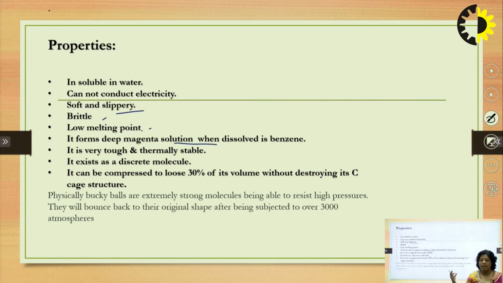It can be compressed up to 30% of its volume without destroying the carbon cage. When we are talking about the physical buckyball structure, it can resist high pressure and bounce back to the original shape over 3000 atmospheres.